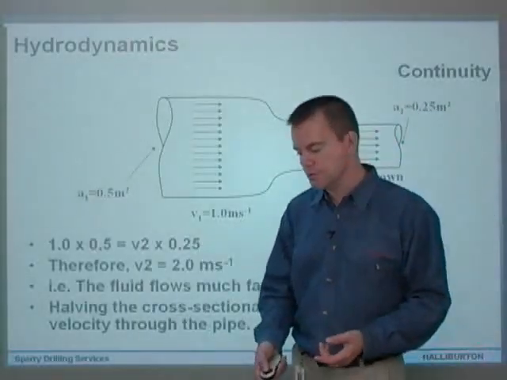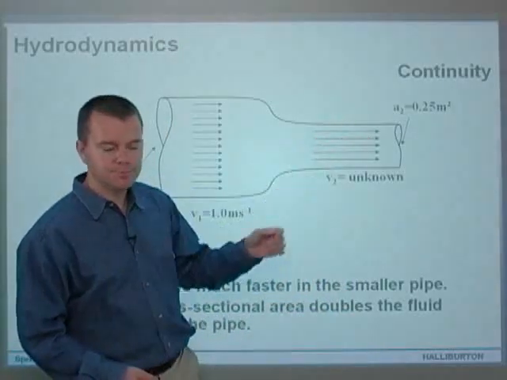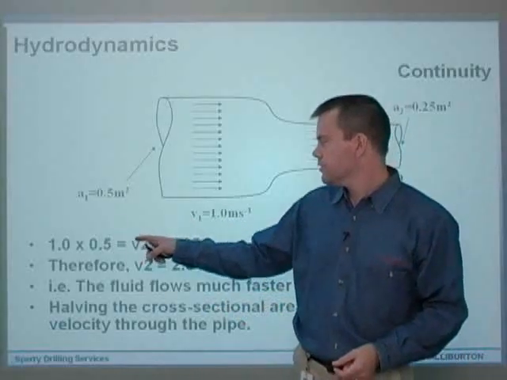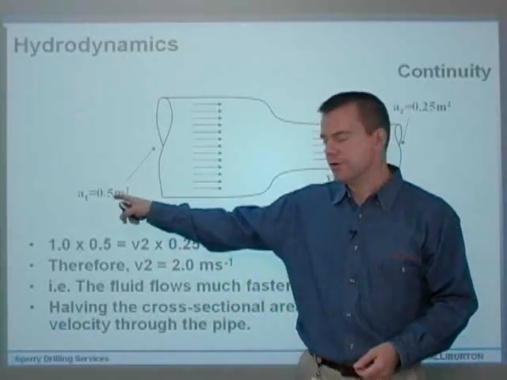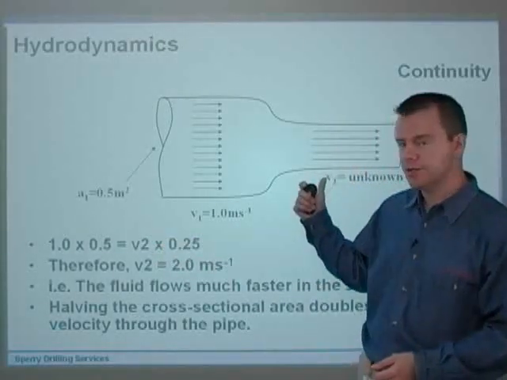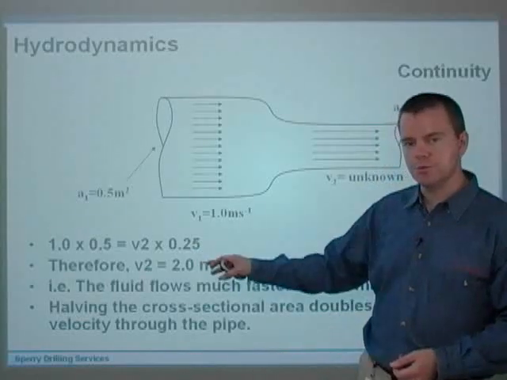So what's V2? What's the velocity of the fluid in this part of the pipe here? Well, we've got 1 times 0.5 square meters. So we've got 1 meter per second times 0.5 square meters gives you 0.5 equals V2, which is on this side, times 0.25. V2 must equal 2 meters per second.